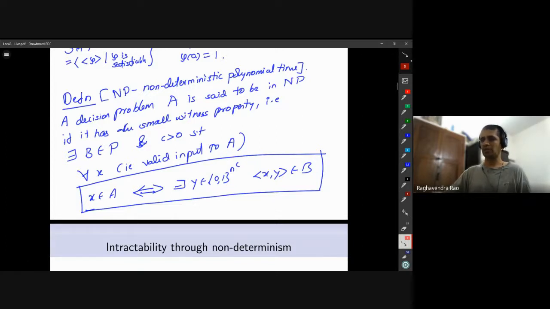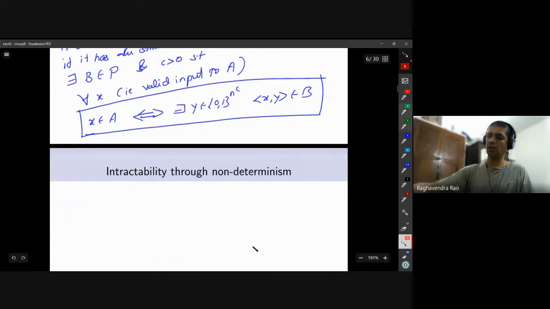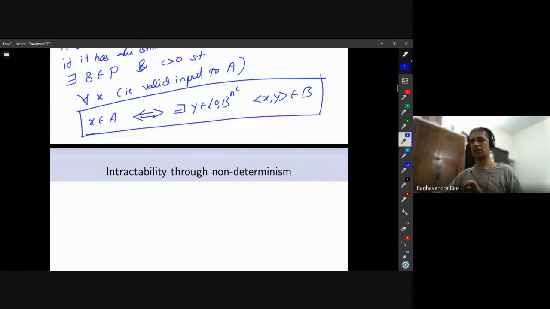Okay, so originally NP was defined through non-determinism. I'll just write it without really going into details because it's not our purpose. Okay, so for us this characterization is more than enough. But for the sake of it, I'll just write.